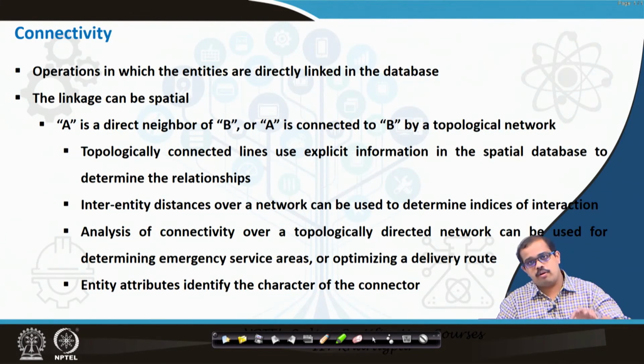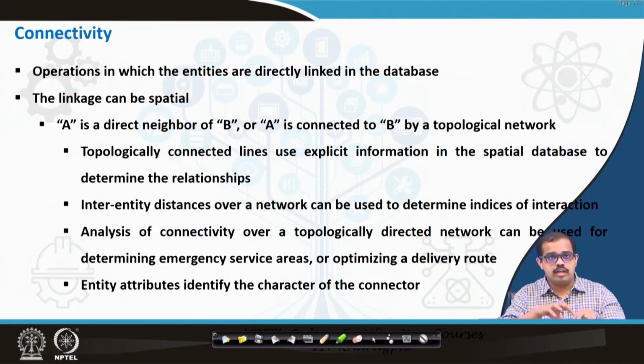If we consider a point A and a point B, both are direct neighbors, but they are connected via a topological network. When I say topological network, the topologically connected lines use explicit information in the spatial database to determine the relationships among them. Neighbors is a relationship. Being connected by such distances and having such topological connections is again a relationship.